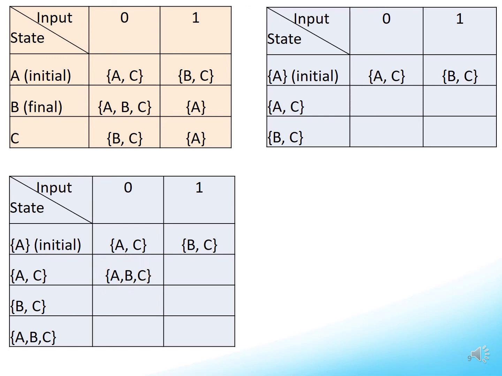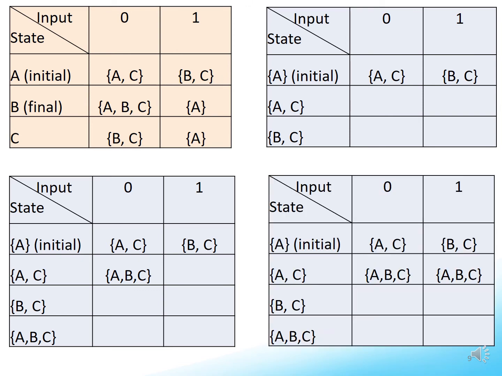Similarly, on state AC, at input 1, it will move to state A or B or C. So overall it is captured as ABC. State ABC is new, so we record it here. Later on, we need to consider its state transition.